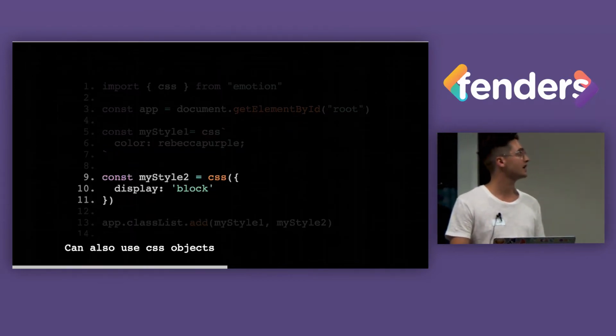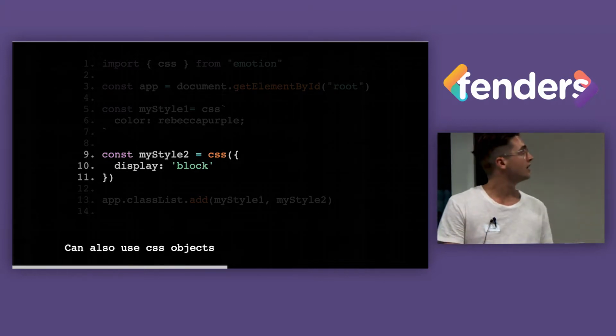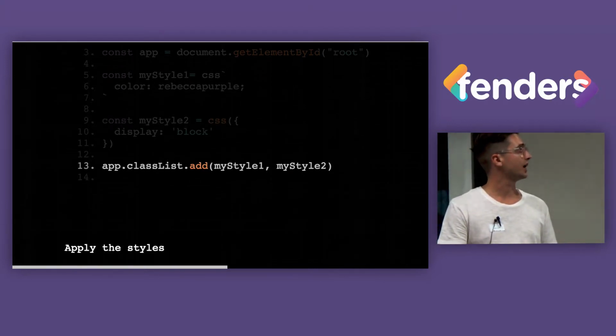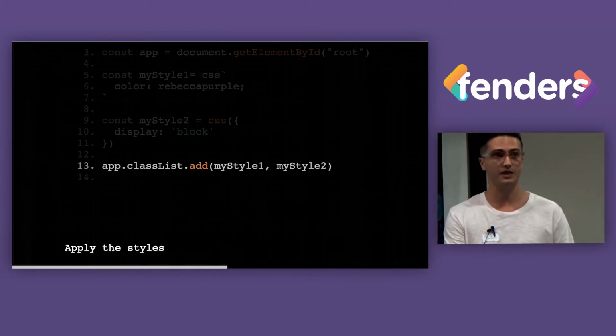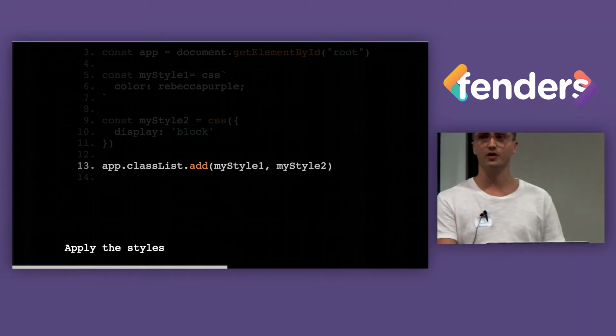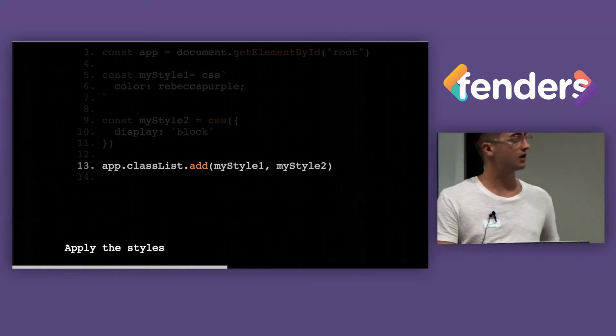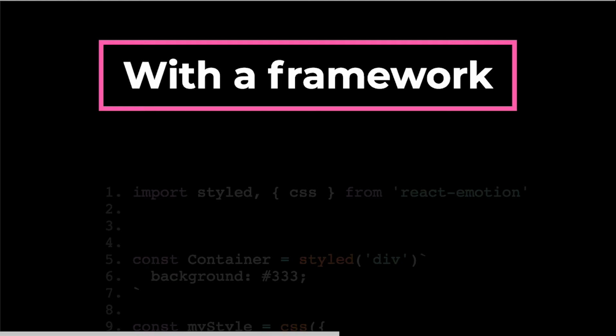You're pretty much doing the same thing here. It's just whichever one you feel more comfortable with. And then you would apply those styles to whatever piece of HTML you're targeting. You wouldn't use it without a framework, I don't think, like this, where you're just directly adding styles onto a structure that who knows. So let's have a look at that with a framework.